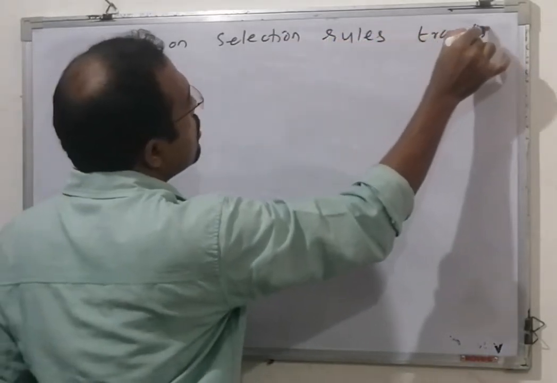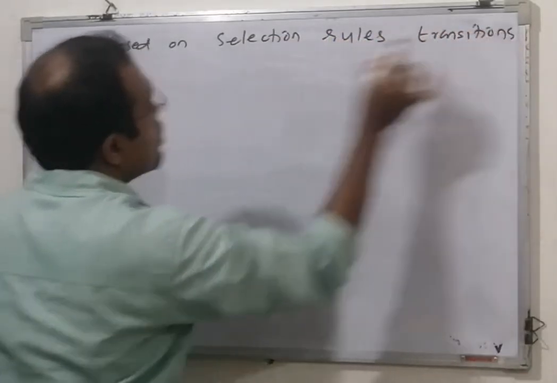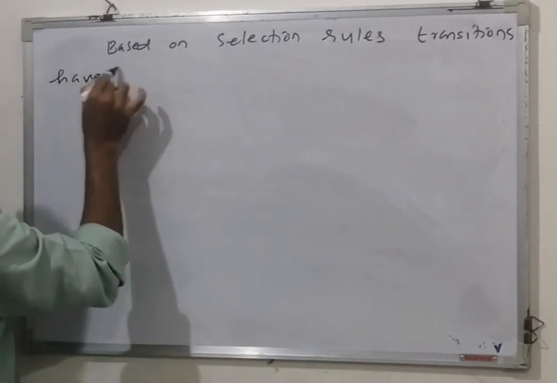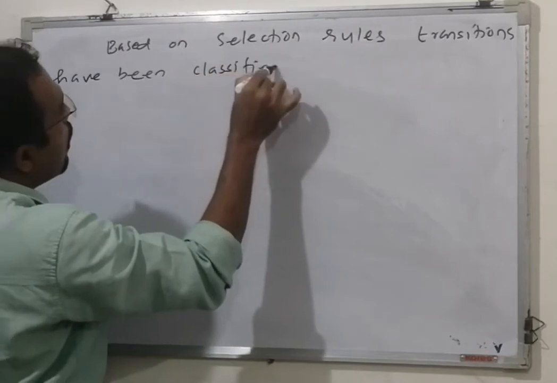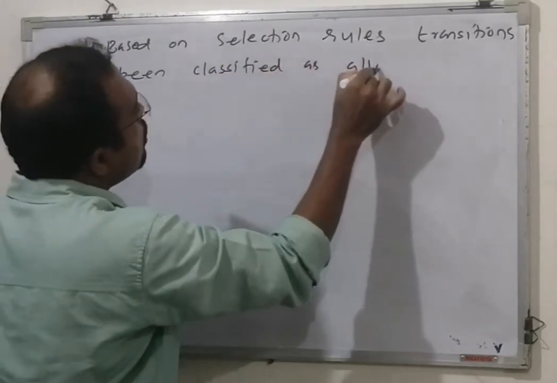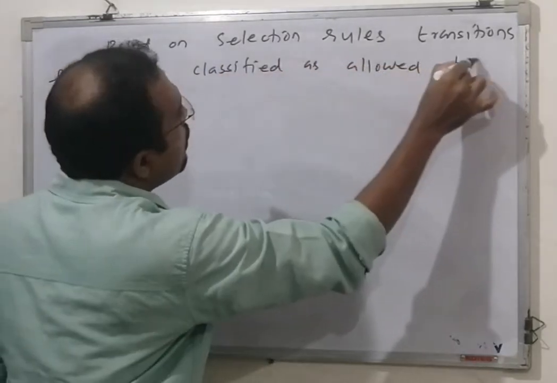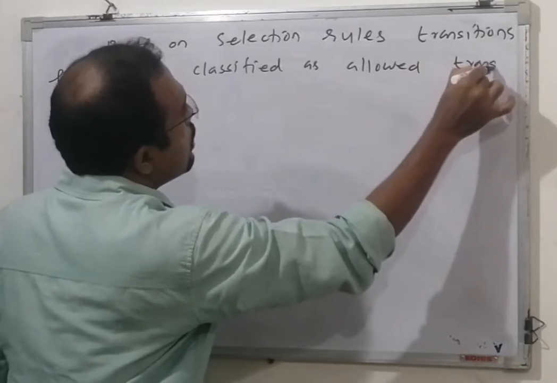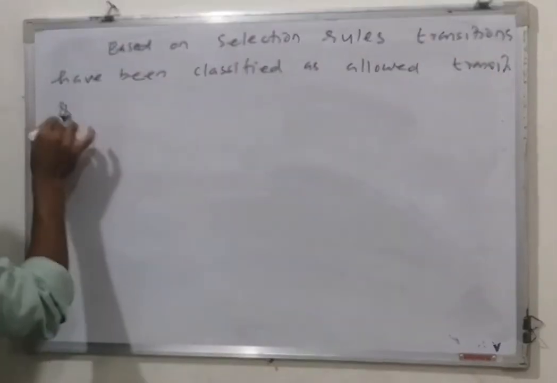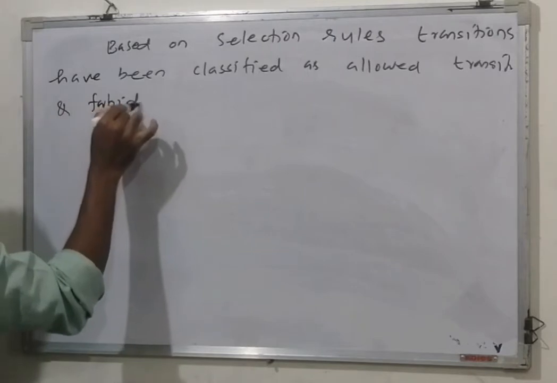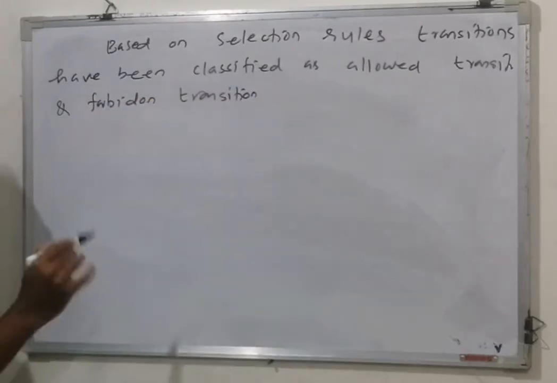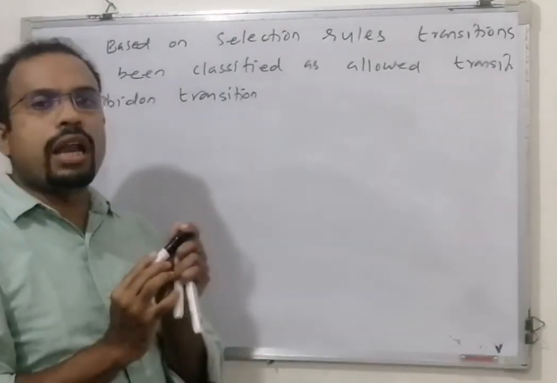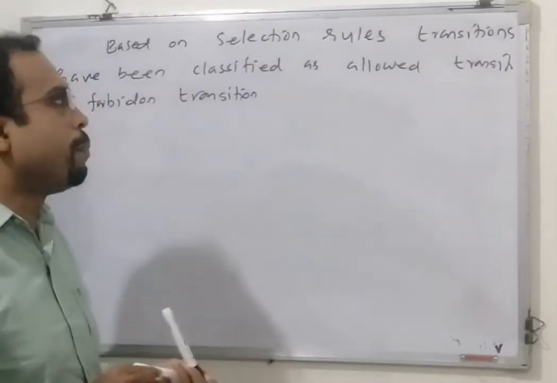Electronic transitions have been classified as allowed transitions and forbidden transitions. That is, transitions happen, but certain transitions are allowed, and certain transitions are forbidden.